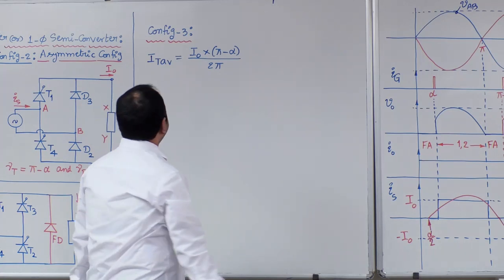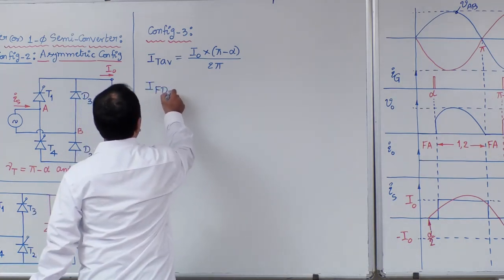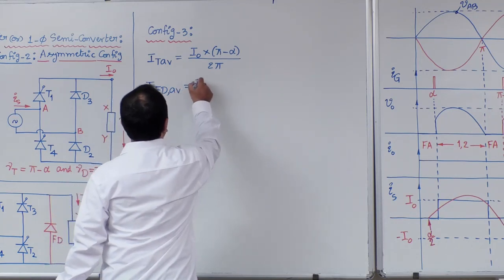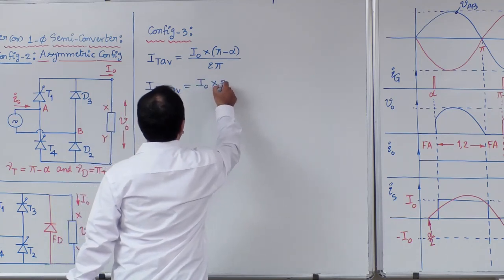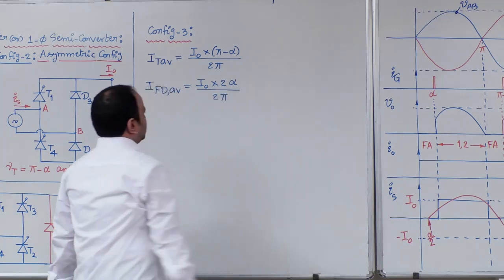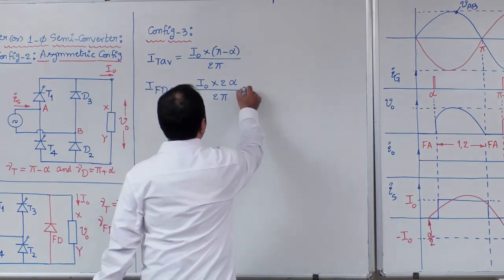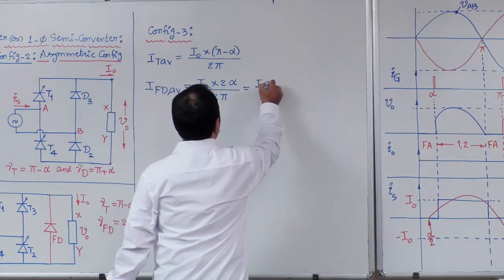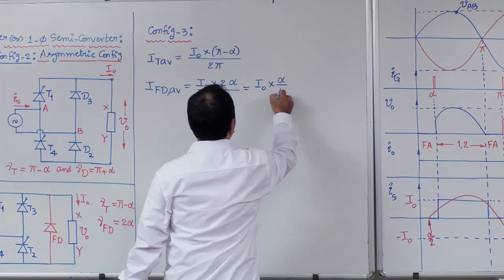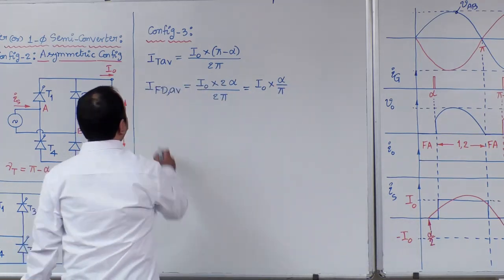We can just leave it like that. Next, average value of freewheeling diode current, I naught multiplied with 2 alpha divided by 2 pi in one cycle. Therefore, it will give you I naught multiplied with alpha by pi.